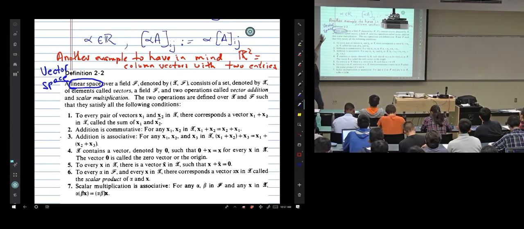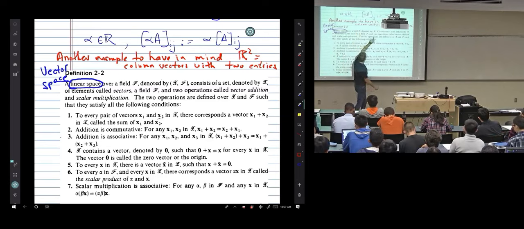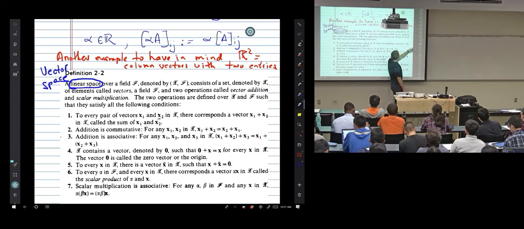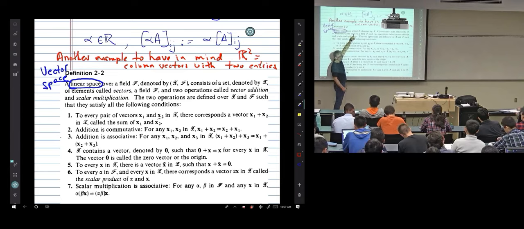Okay, so a vector space needs two objects. It first needs a field, so think reals, think complexes, think rational numbers. And then it needs another set, script X here, and the elements of that set are called vectors. That's why I'm calling it a vector space instead of a linear space, because the elements are not linear things, they're vectors.